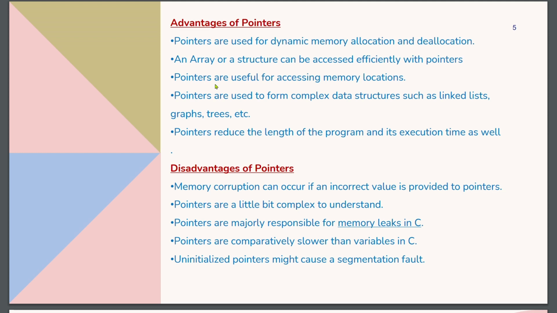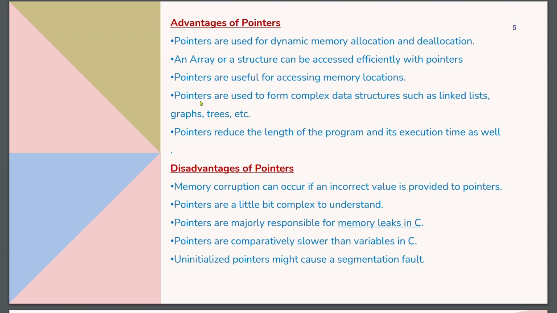Pointers are useful for accessing memory locations. We can access the particular memory by that address. We cannot generate a copy. We cannot store any garbage value. We will store the address of a particular variable. Pointers are used to form complex data structures such as linked lists, graphs, trees.